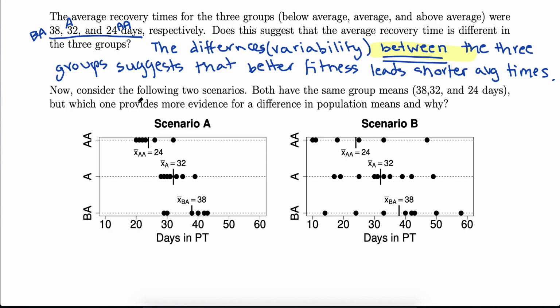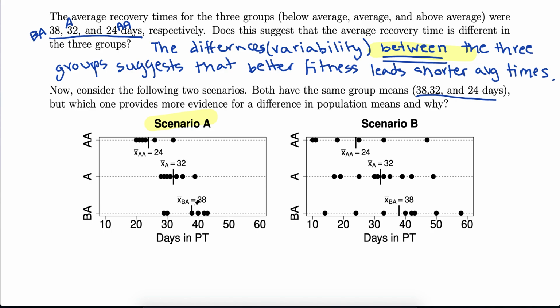So my question is, both of these have that same variability between my three groups, 38, 32, 24. Which scenario, A or B, provides more evidence for an actual difference in population means? Which one gives us stronger evidence that these differences represent true differences in the population? Hopefully you're thinking scenario A provides stronger evidence. If you're looking at scenario A, these points are a lot closer, a lot more consistent with the group means.